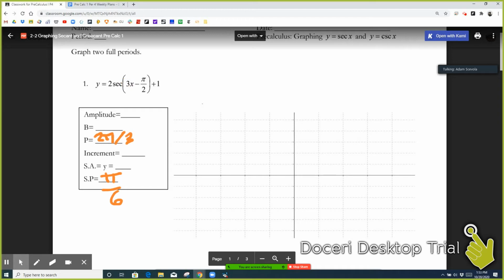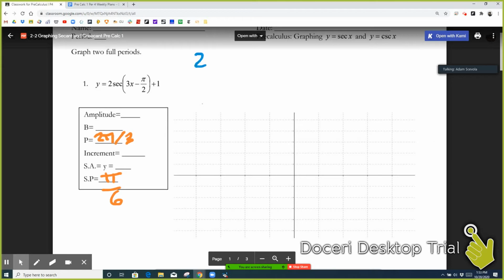Like what I was mentioning earlier about the quadrantal angles, if you take a trig function of 0, 90, 180, 270, 360, any of those angles that are multiples of 90, you're going to get nice ratios like 1, -1, 0. That's why we start at 0 and we divide our period by 4.